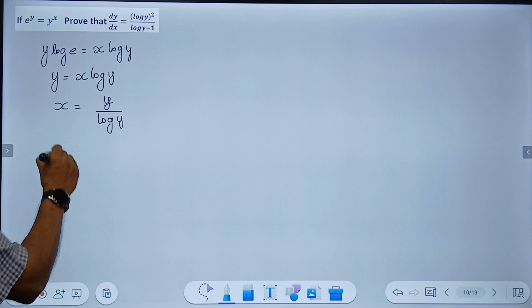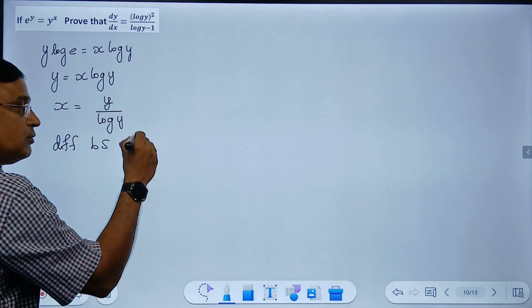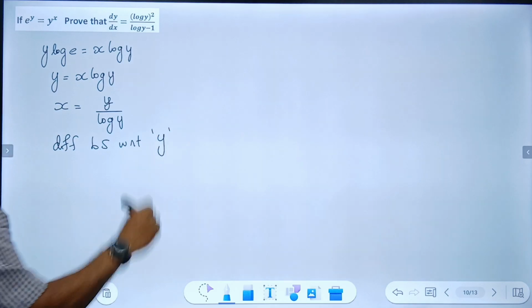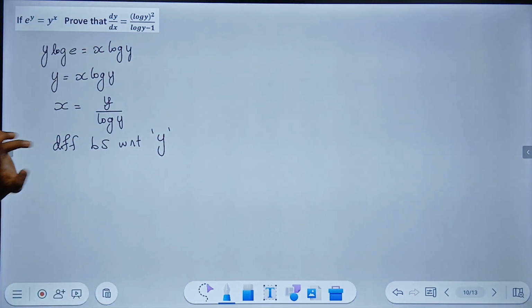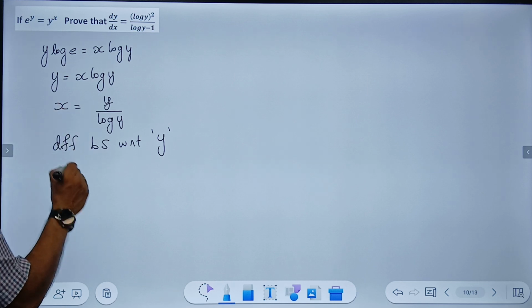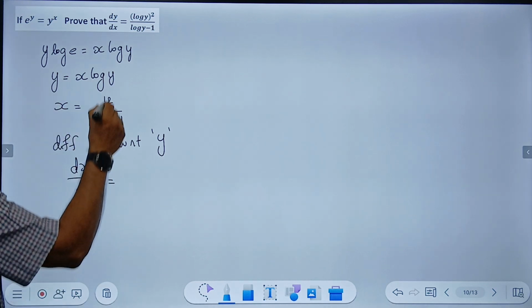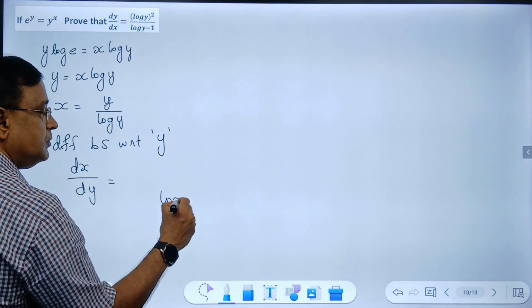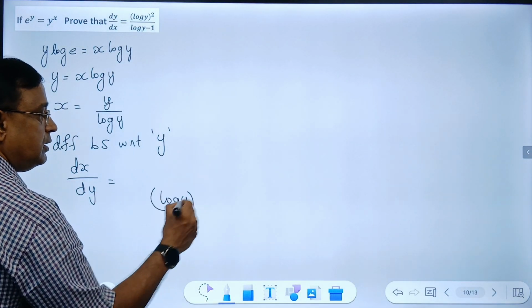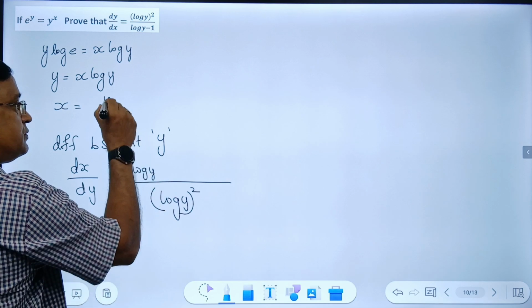So differentiate both sides with respect to what? You do with respect to y. You get to the answer directly. If you do with respect to x, it gets a little complicated. Now what is differentiation of x? dx by dy. Now here I am going to use quotient rule. Log y the whole square, log y, what is the differentiation of y?